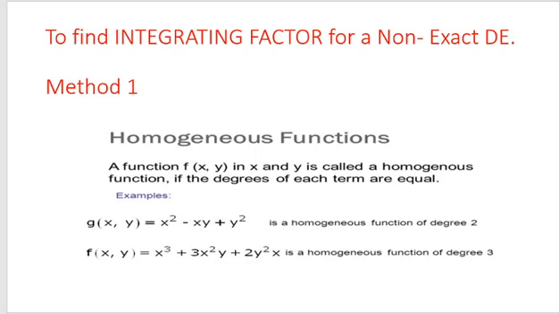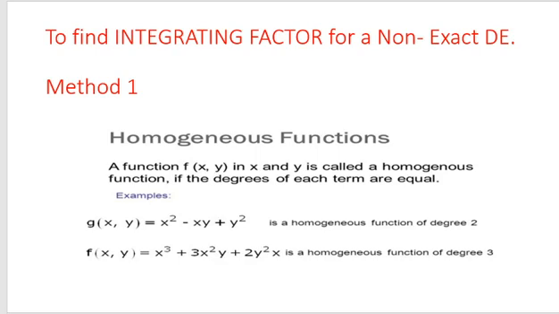The second term is 3x²y. 3 is a constant, so x² is of degree 2 and y is of degree 1; because it is 3x²y, 2 plus 1 is 3. Again, the third term is 2y²x. y is of degree 2, x is of degree 1 and it is a product. Therefore, y²x is of degree 3.